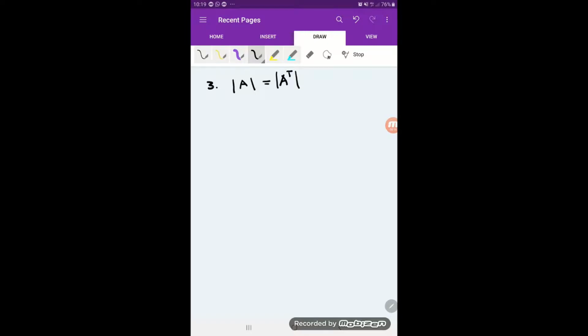Okay, so the determinant of matrix A, 1, 2, negative 1, 0 is equal to the determinant of A transpose, 1, negative 1, 2, 0, also.